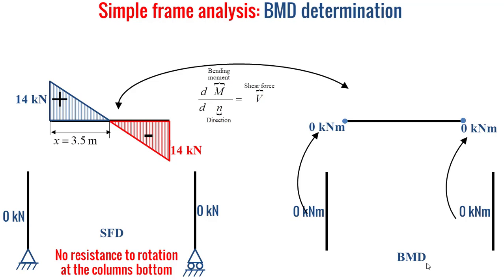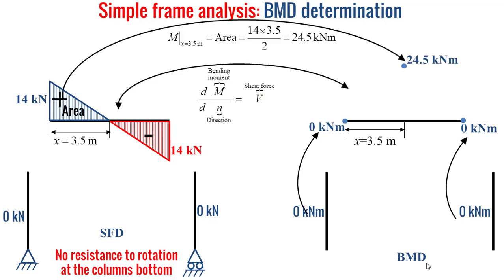These 0 kilonewton meter as bending moment will be transferred from the column to the left-hand and the right-hand edge of the beam. Now, based on the area of the positive part of the shear force diagram, we can determine the maximum bending moment occurring at the half span where the shear force is equal to 0.